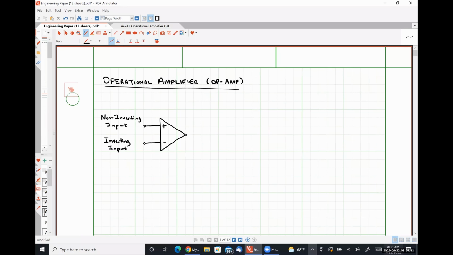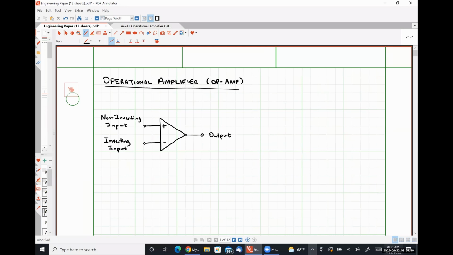On the right-hand side of the circuit, we are going to have our output terminal, okay? So the operational amplifier takes voltage signals in for its inputs, and it outputs a voltage signal.